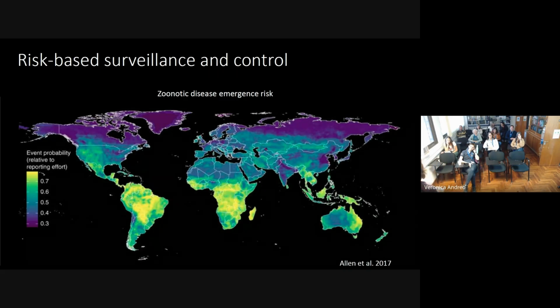We work a lot with risk maps, to try to better target interventions. I work especially in low resource settings in Africa, where it's very important to target the hotspots, the most at-risk areas. Here is a map you maybe know from Alan on the risk of emergence of zoonosis. It includes both environmental and some human factors like population density.